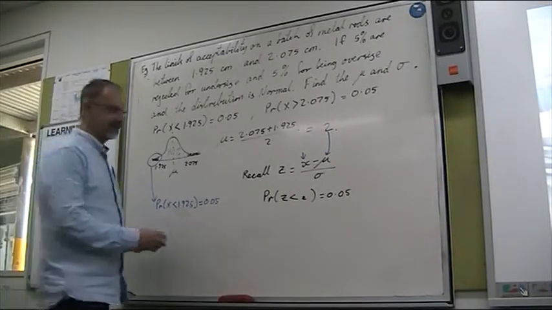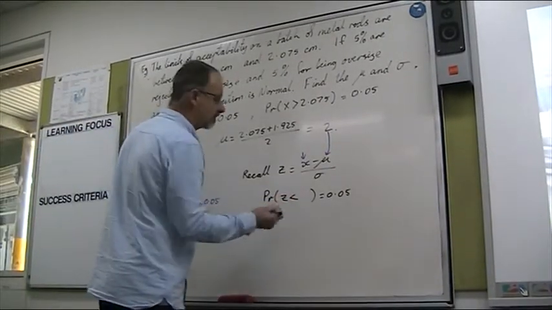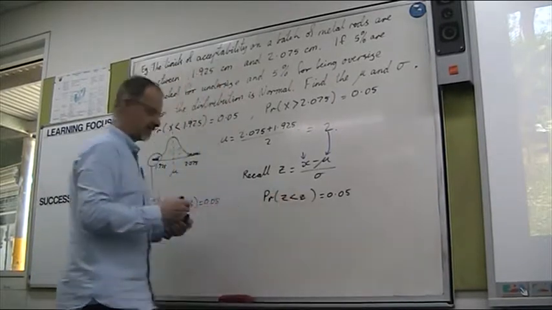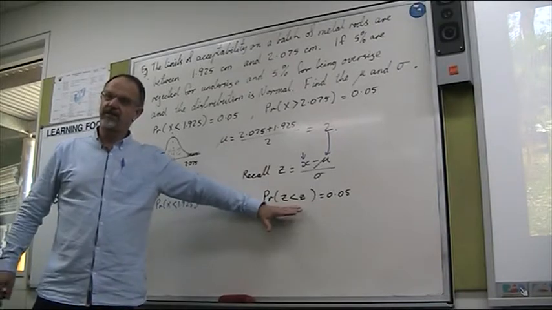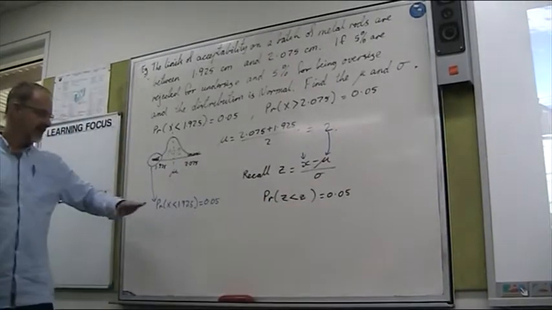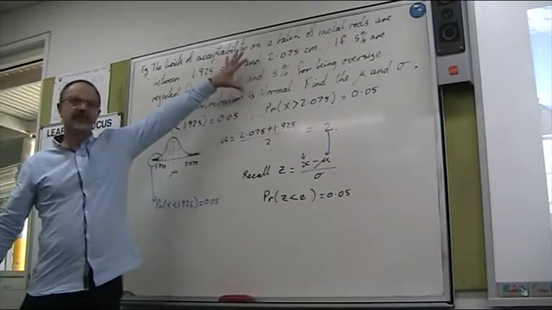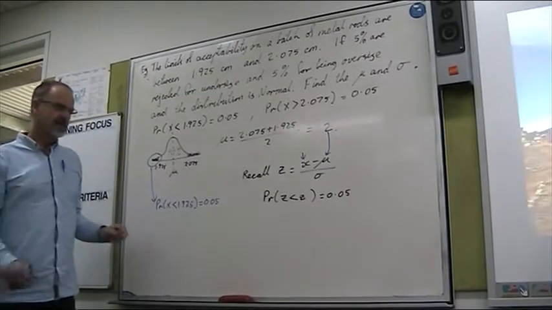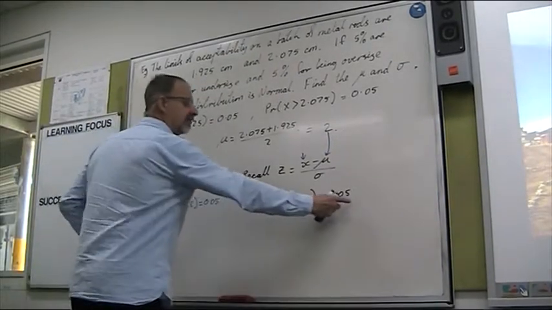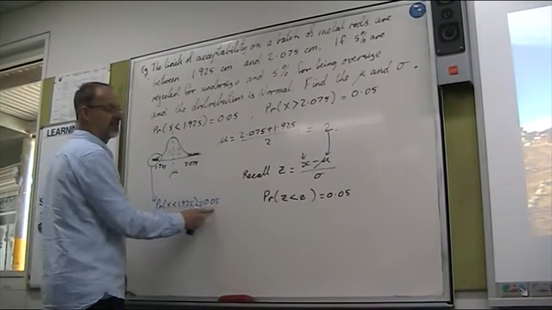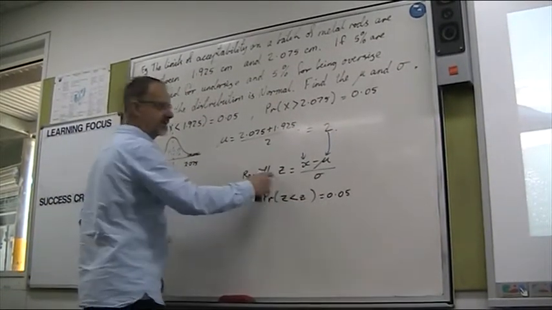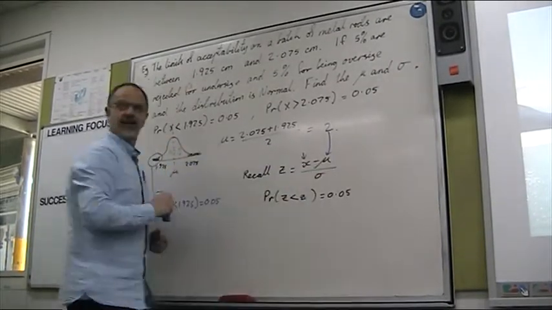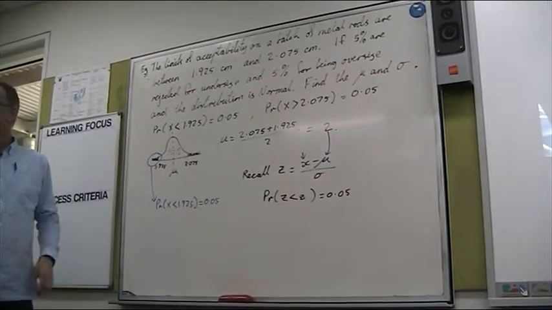It's just a number. So this is the standard normal, and this is the distribution we've got. There's a connection between the two, with the same probabilities, 0.05, and this here is the connection between the two.